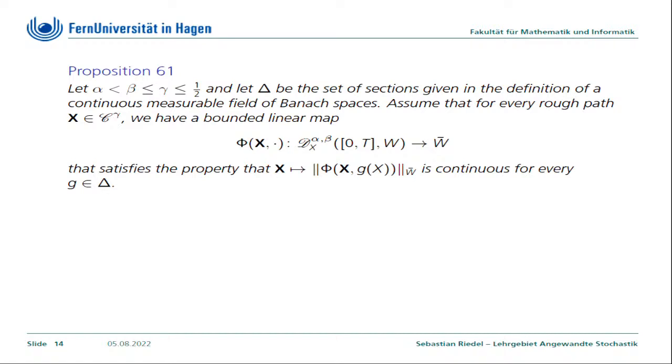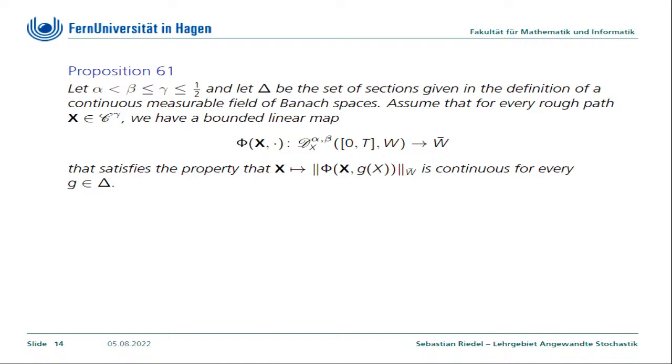What we need is another property: taking an element G in the delta, we can look at this map here, and in this map we take as a controlled path G of X. And then we take the norm.